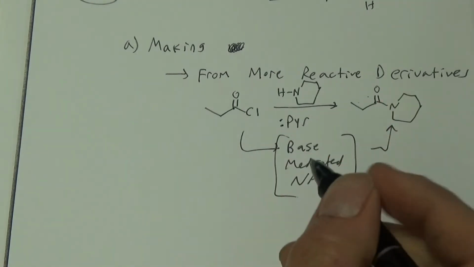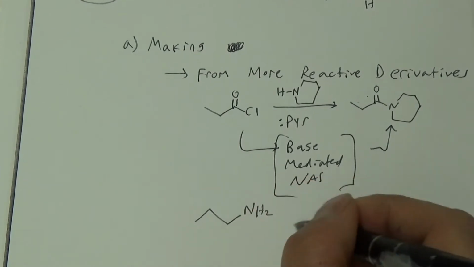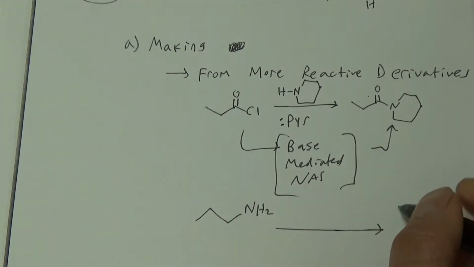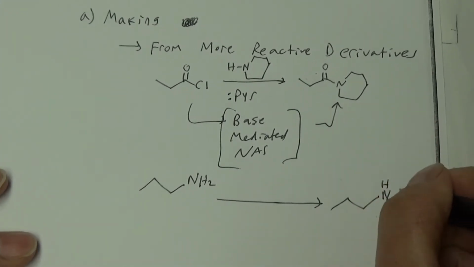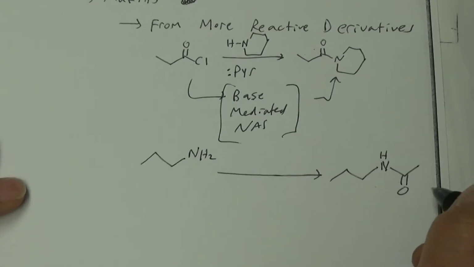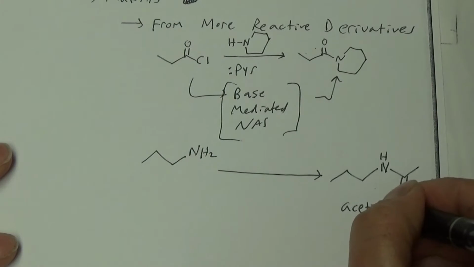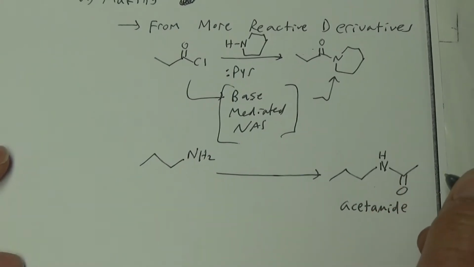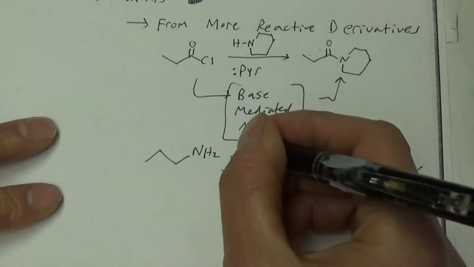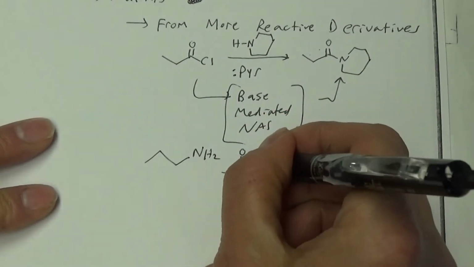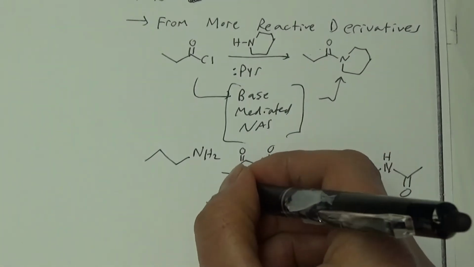Another idea, like if you want to make an acetamide. Acetamide means acetyl, CH3. Well, we could totally use an acetate source, right? We could either use acetic anhydride, which is actually the preferred method, maybe with some pyridine in there as a base.